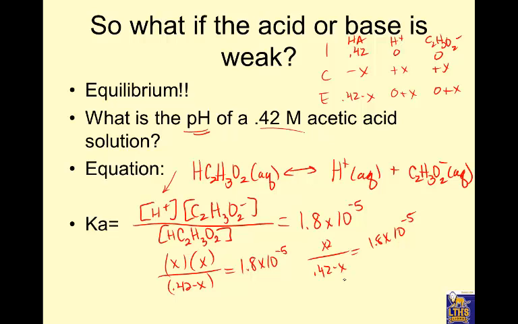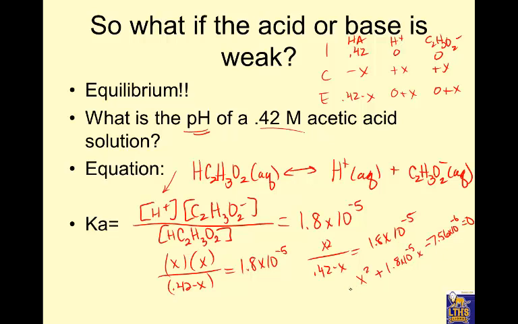And that's where our algebra kicks in. So you can plug this into the calculator equation solver, or you could solve, if we're solving for X, we get X squared plus 1.8 times 10 to the negative 5th X minus 7.56 times 10 to the negative 6 equals 0.